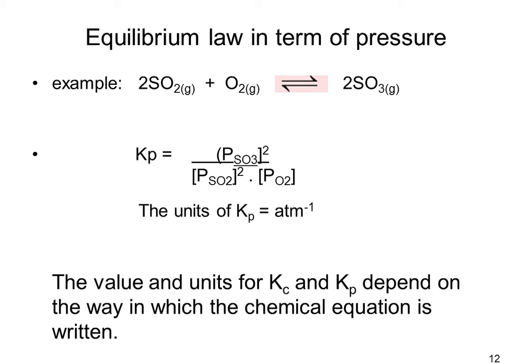So Kp can be written as the partial pressure of SO3 raised to the power of its coefficient, divided by the partial pressure of SO2 to the power of its coefficient times the pressure of oxygen. The unit of Kp is per atm. The value and unit for Kc and Kp depend on the way in which the chemical equation is written.